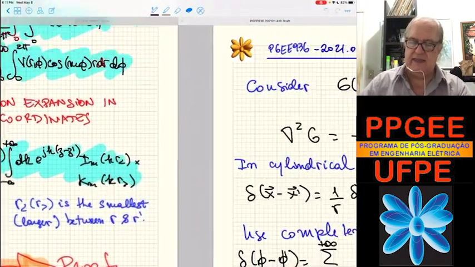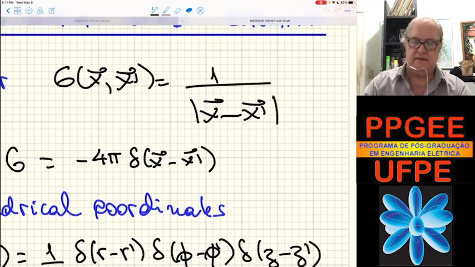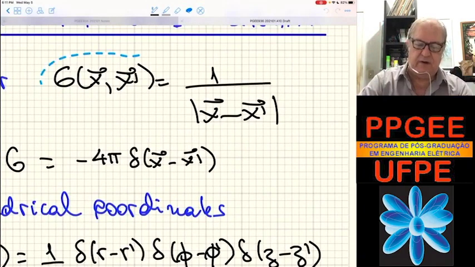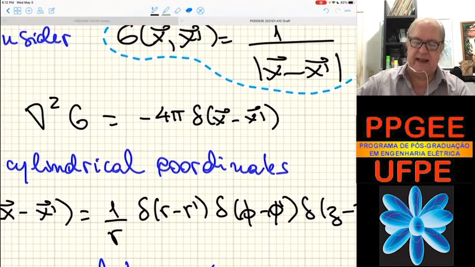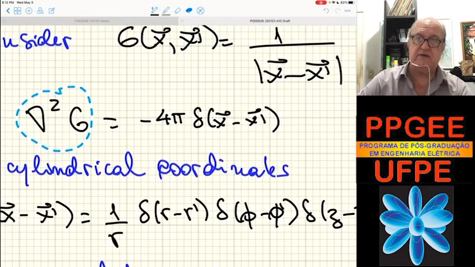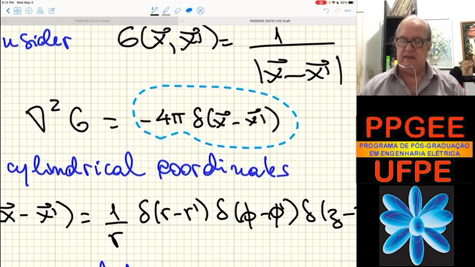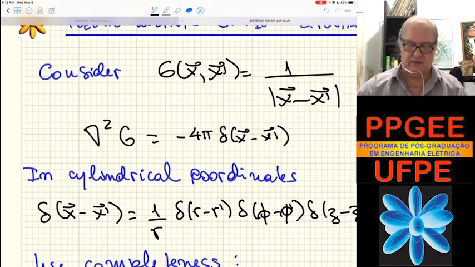Let's recall that the inverse function is one type of Green function, right? It has that property that we derived before, that the Laplacian of the inverse function, of any Green function, is minus 4 pi delta, in particular for the inverse function, right? This is true as well.